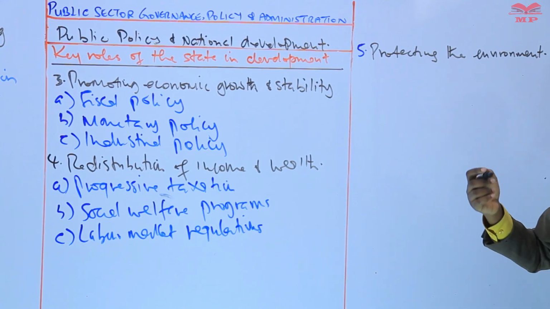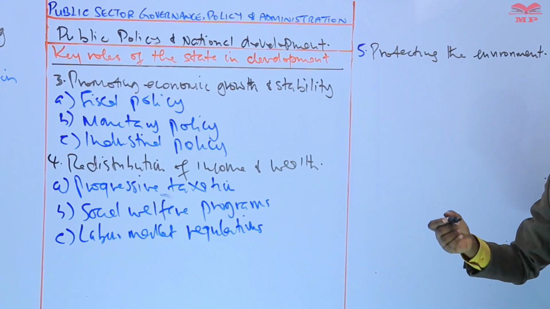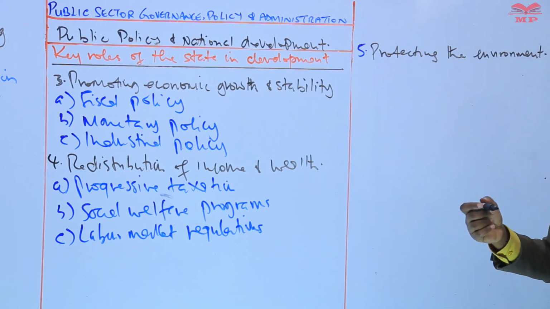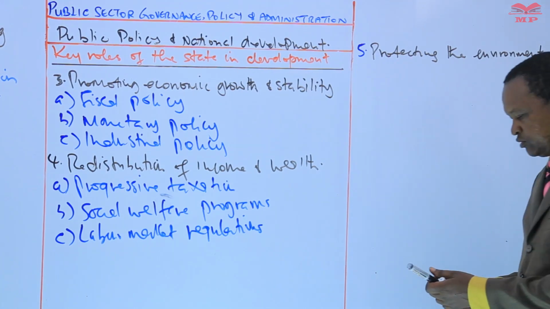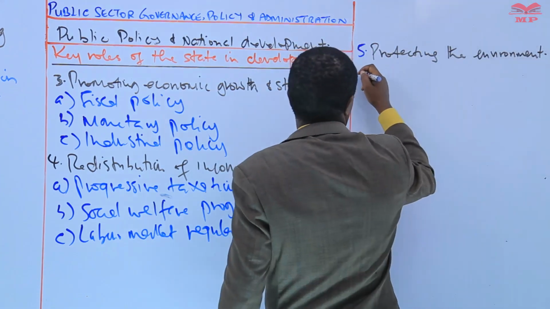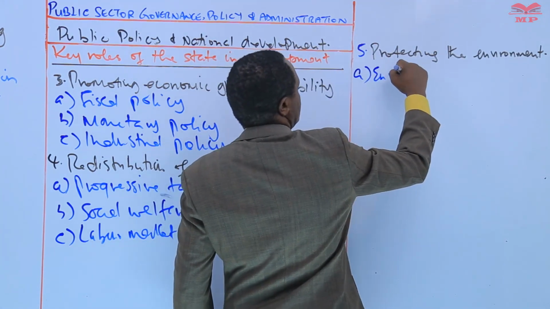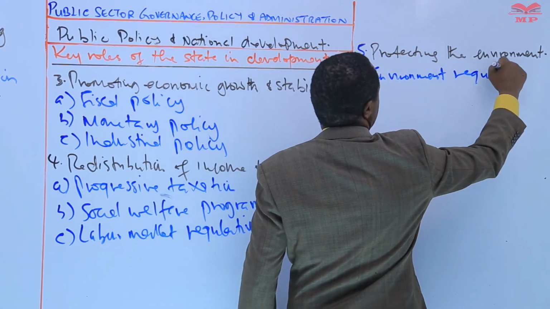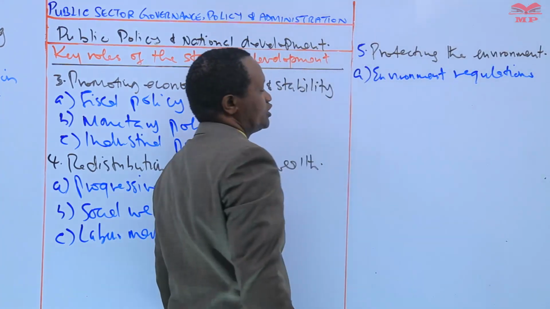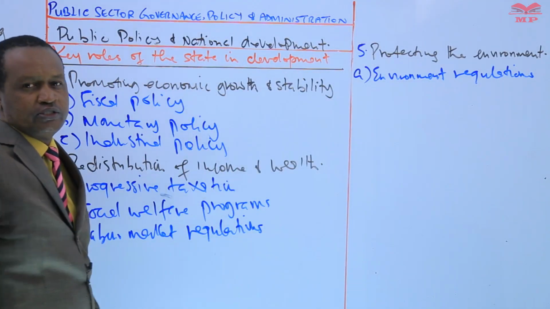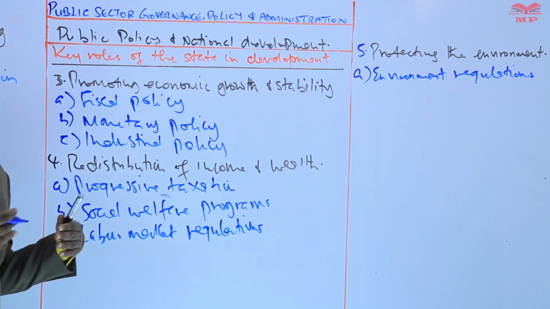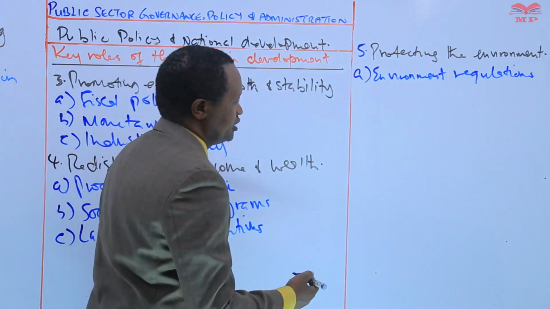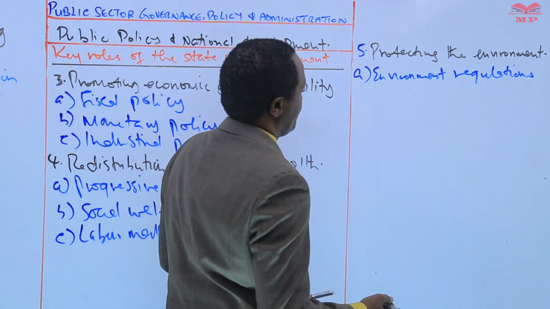The state has a critical role regarding the environment and promoting sustainable development, and that would include environmental regulations. That means enforcing pollution controls, promoting clean energy, and so on.